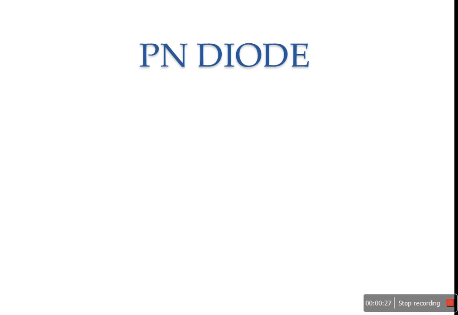So PN diode or the PN junction is a semiconductor structure which is having p-type material on one side and the n-type material on another side, and the imaginary plane which separates the p-type and n-type regions is known as the junction.